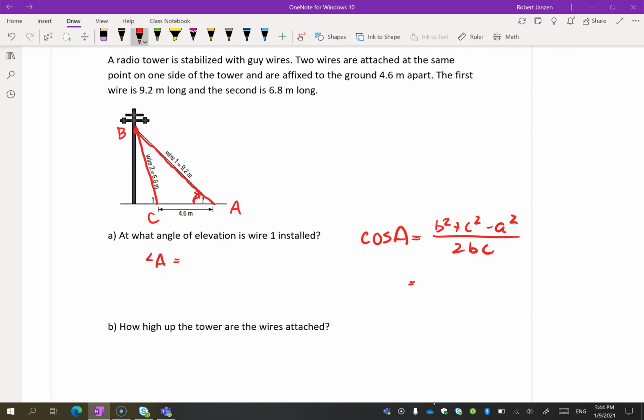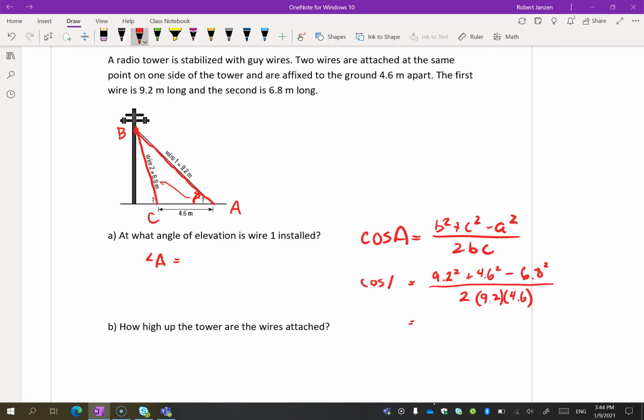So we're going to get, what are the two sides? Well, we have all three of them. What side is opposite angle A? That's this side. So then we're going to use the other two. 9.2 squared plus 4.6 squared. And then we'll subtract the side that's opposite, 6.8 squared, over 2 times 9.2 times 4.6.